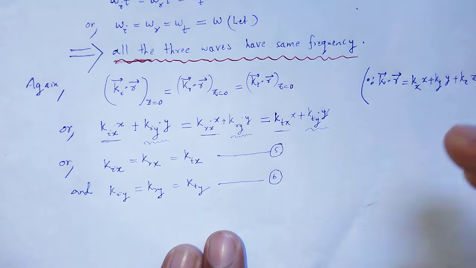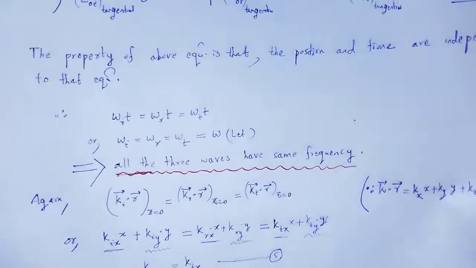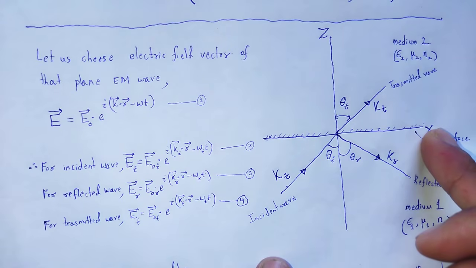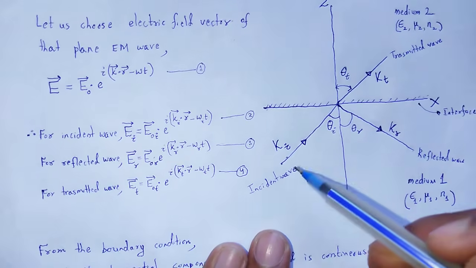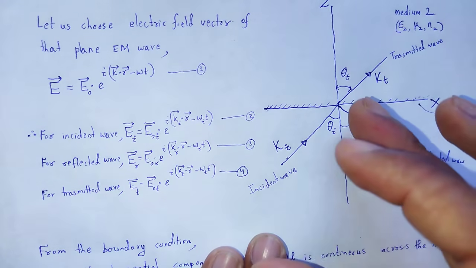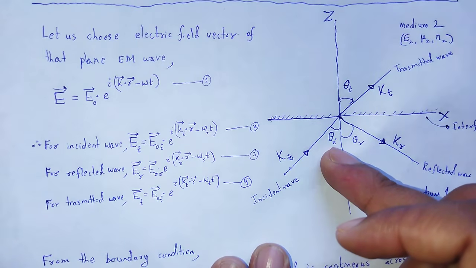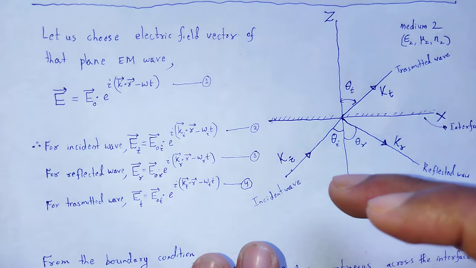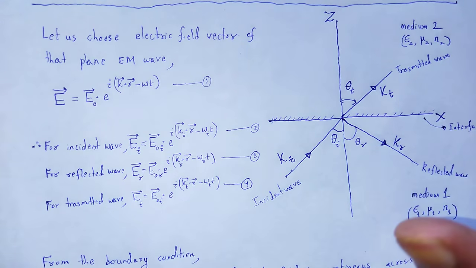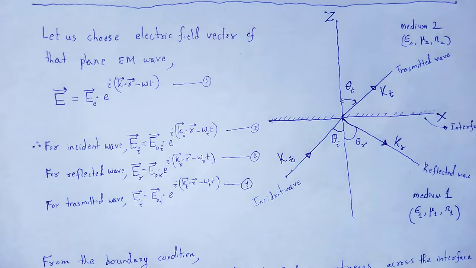Again, as we say, at the interface z is equal to 0. So the incident wave at what plane? At x z plane, the yth component will be 0.